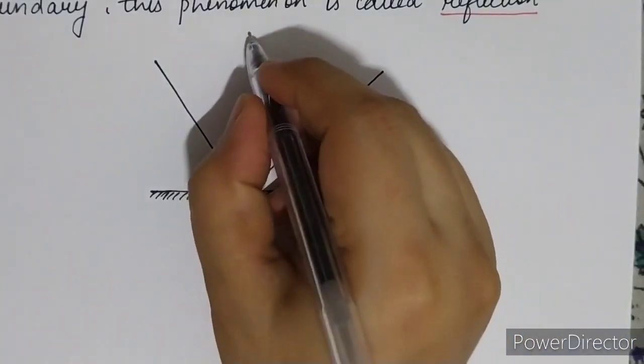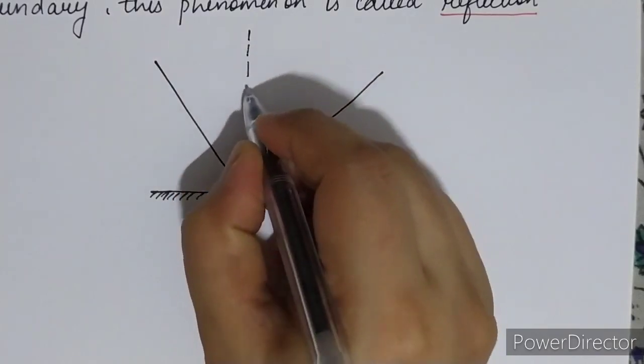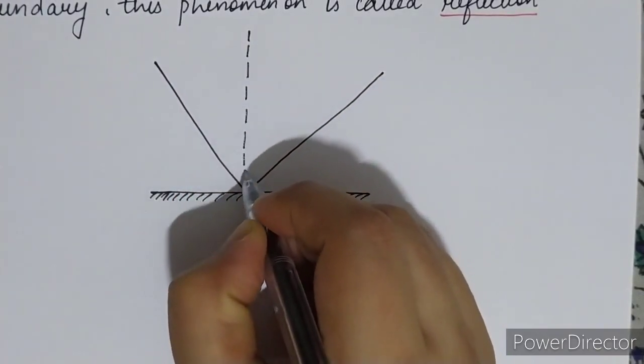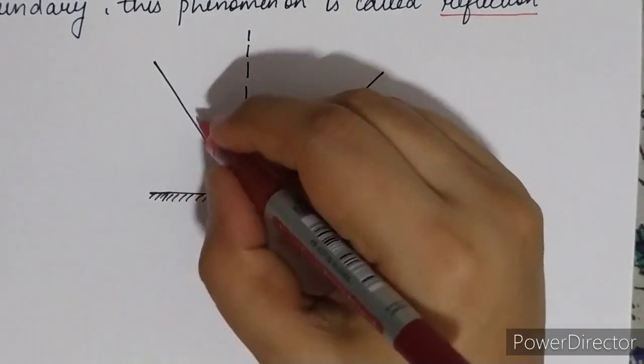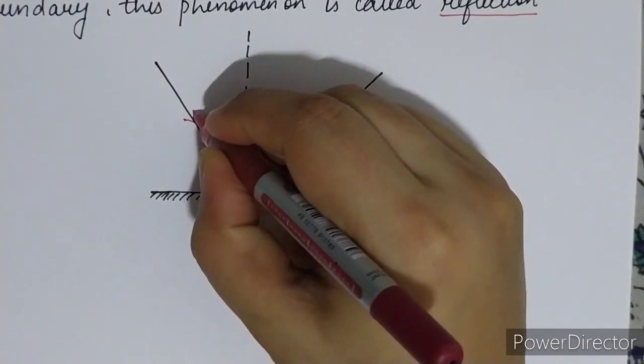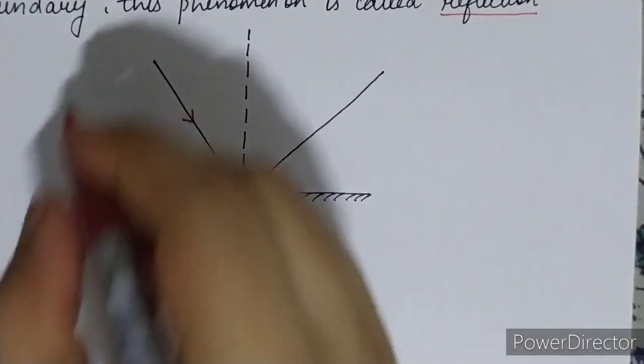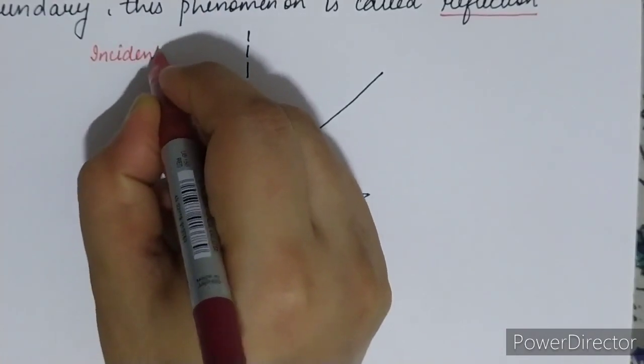There is one line which is perpendicular at the point where the ray is incident. So I am denoting all the names. This one is your incident ray. Which ray, beta? Incident ray.